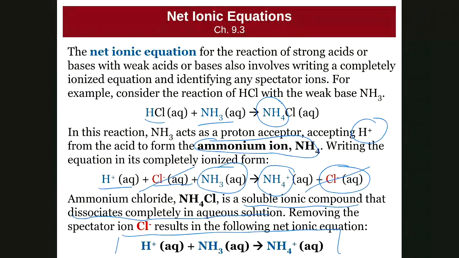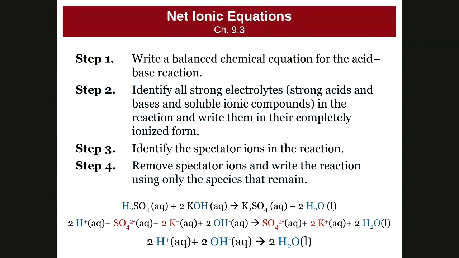All right. So how can we do this in general? In general, we want to have essentially the same steps as previously. So again, we want to start with writing a balanced chemical equation for our acid-base reaction. Next, we want to identify all of our strong electrolytes, our strong acids and bases, and any soluble ionic compounds, so anything that is soluble based on our solubility rules.